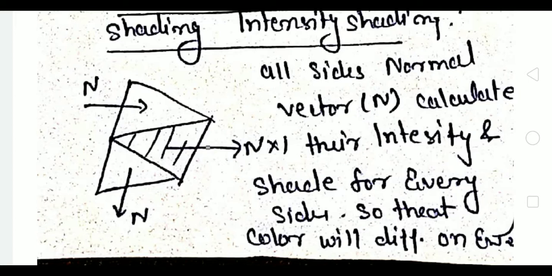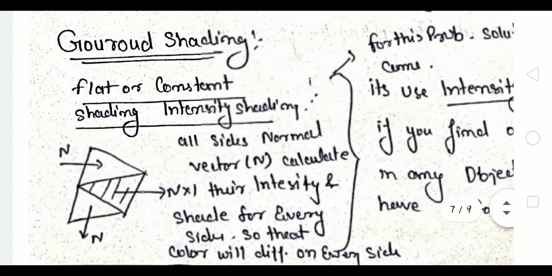We find the multiplication of intensity and normal vector, and according to that value you shade that surface. When you do this, you can see all the shades are different on every surface. This is the problem, and for this problem we have to use Gouraud shading.